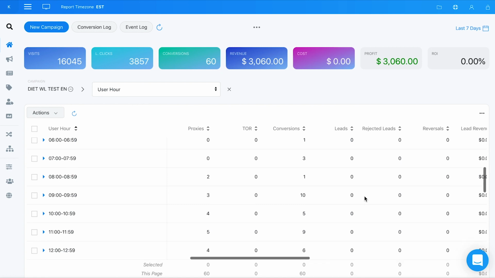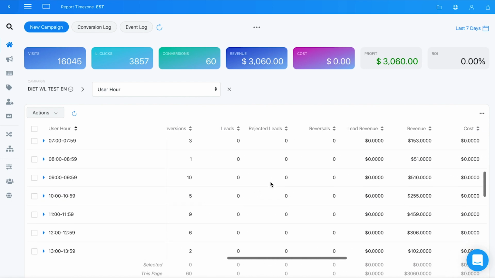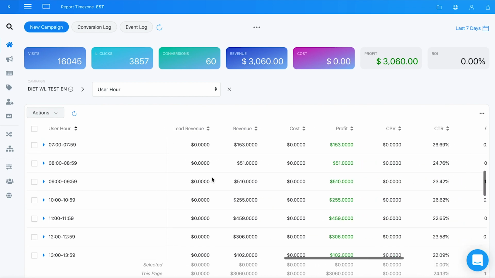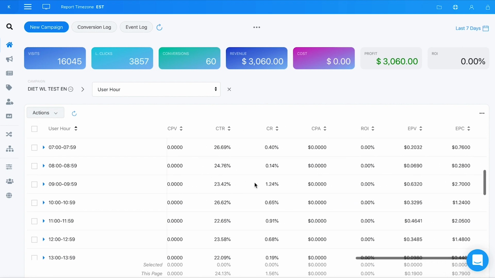And what I'm trying to show you here is pretty directly actionable data, because at 9 a.m., I'm showing 10 conversions here. Let's go to our conversion rate, which is a pretty impressive 1.24%.